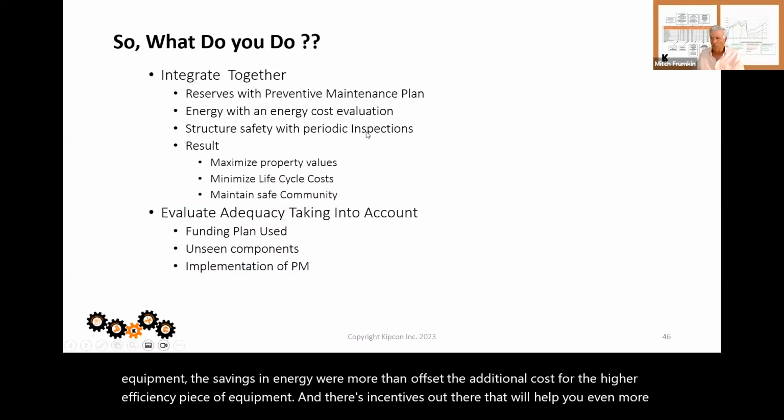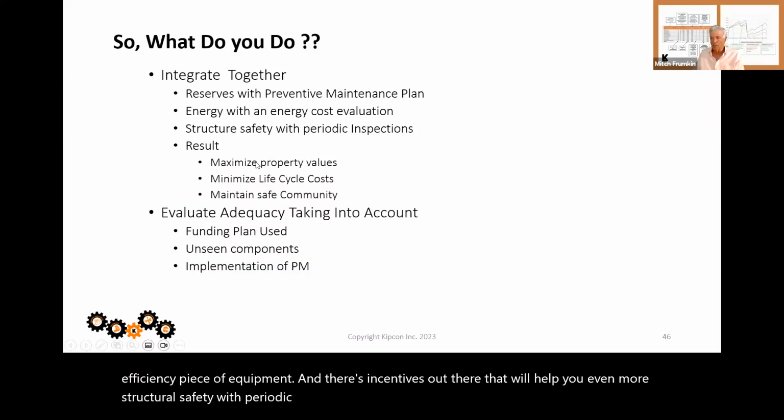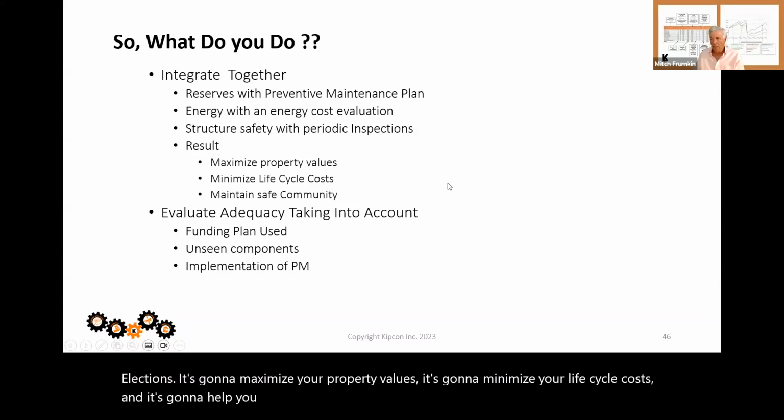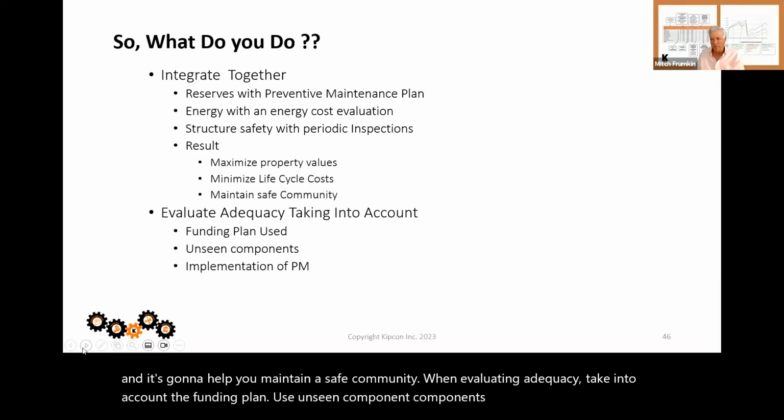Structural safety goes with periodic inspections. The result is there are connections. It's going to maximize your property values, minimize your life cycle costs, and help you maintain a safe community. When evaluating adequacy, take into account the funding plan used, unseen components, and implementation of preventive maintenance.